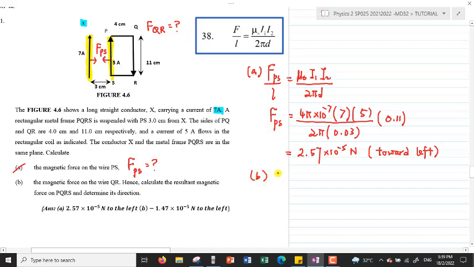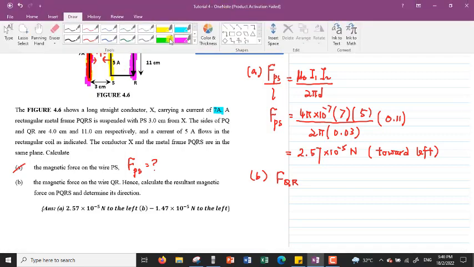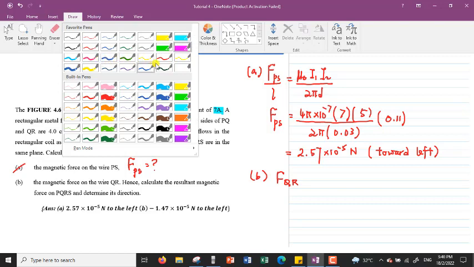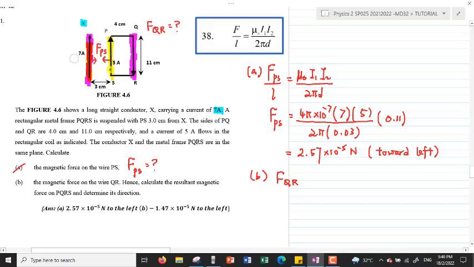Okay, so we want to find FQR. So class, if you notice, wire QR is also parallel to wire X. So for wire X and wire QR, the two parallel wires carry current in opposite directions, so there will be a force between them. Since they carry current in opposite directions, they are going to repel each other.